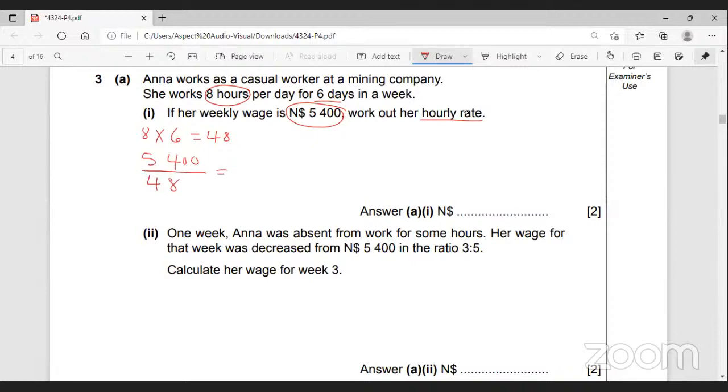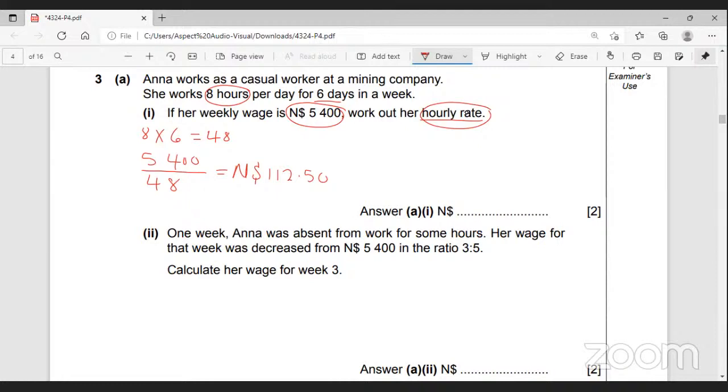And then you are getting 100. All right, that is what she gets per hour. Yes, that is actually the final answer. They just want the amount of money she gets per hour.